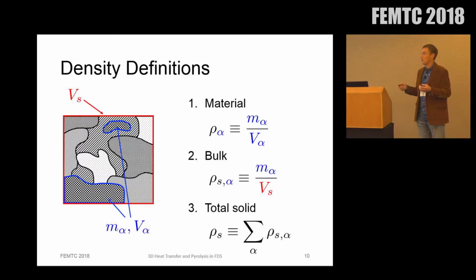When the bulk density changes, that's usually because a material like wood, for example, is converting over into char, or as the bulk density goes down, usually that's because there's off-gassing. So some of the solid is turning into a gas, and the total material solid here is just the summation of the individual materials.